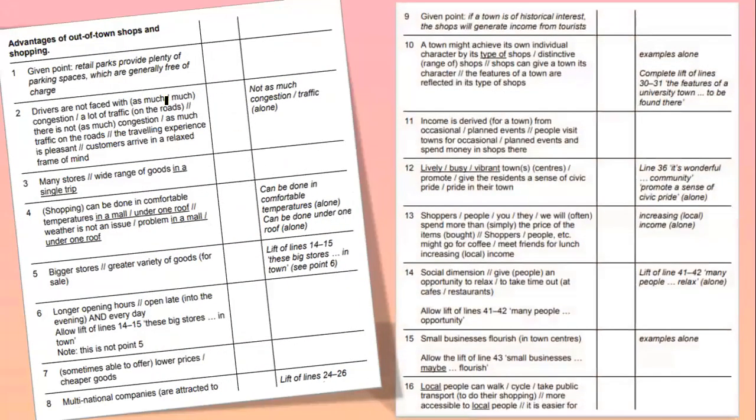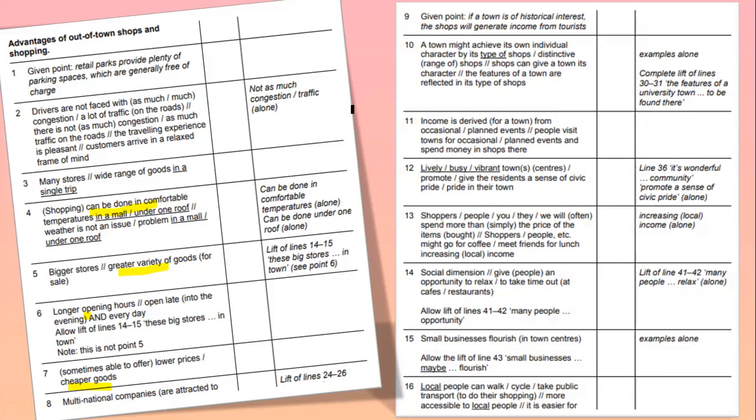To help you, I am showing you the Cambridge released mark scheme for this passage, and you can see the content points given here. Many stores, wide range of goods, shopping can be done in comfortable temperature, bigger stores, greater variety of goods, longer opening hours, cheaper goods, multinational companies are attracted.